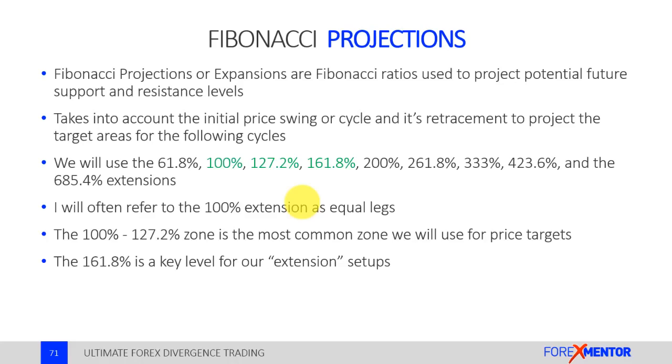So when we're projecting future price cycles with our analysis, 50 to 62% pullbacks, use your projections. Less than 50%, use your extensions.